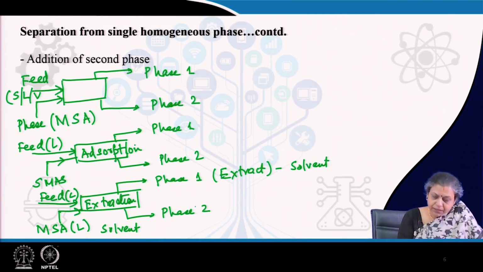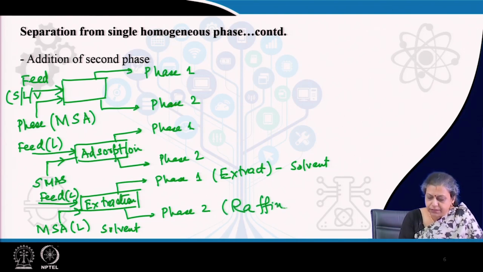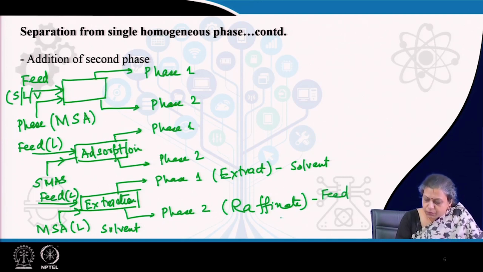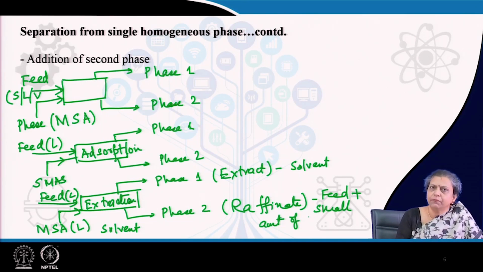The remaining liquid of the feed after the component has been extracted is known as the raffinate, which primarily comprises the feed, with maybe a small amount of solvent, because we hardly get liquids which are completely immiscible with one another.